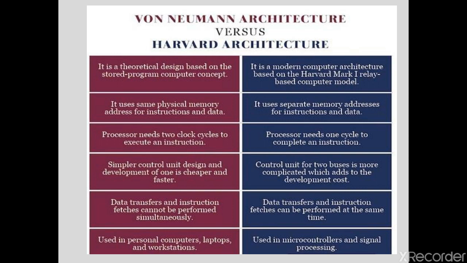Von Neumann architecture is generally used in personal computers, laptops, and workstations, whereas Harvard architecture is used in applications which involve complex processing or complex calculations such as signal processing, microcontrollers, etc.